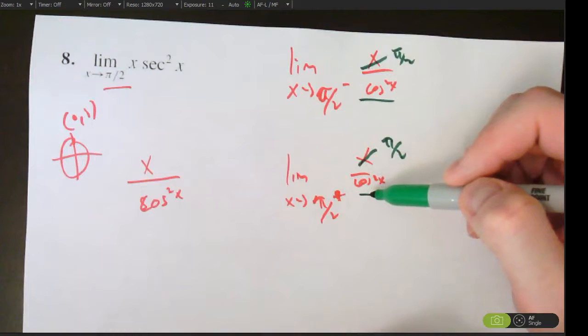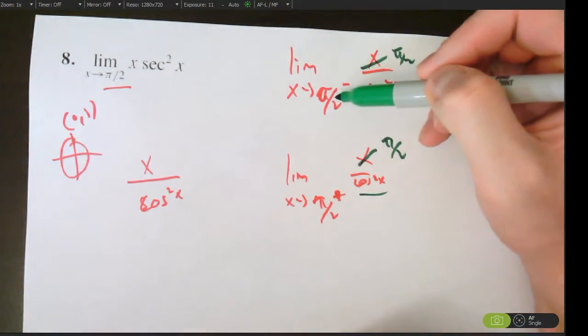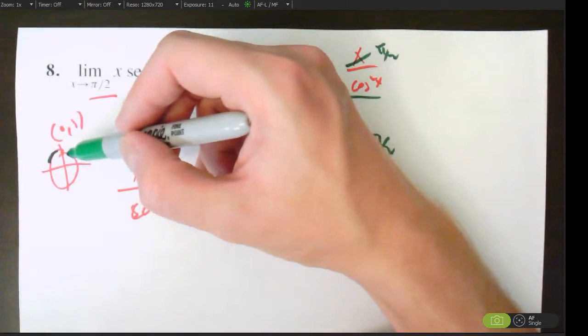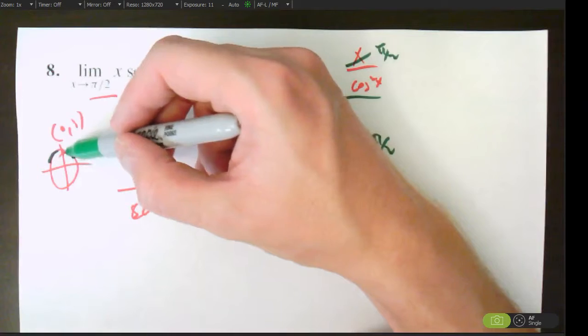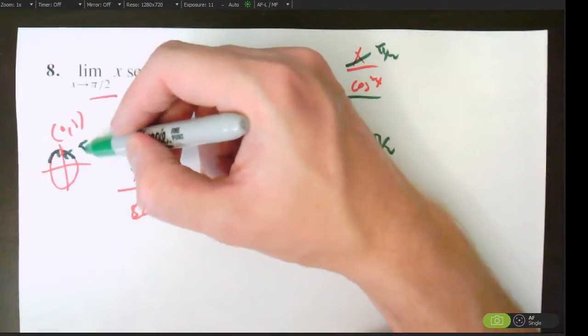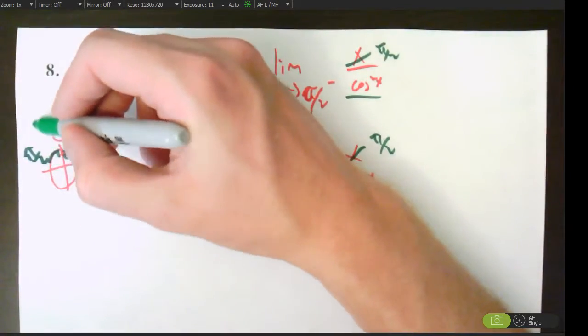Whenever I plug in a number a little to the left of pi over 2, that means over here on our circle or over here in our circle. Well, what's happening? Actually, sorry, this is the left. It's pi over 2 from the left here on this side. This is pi over 2 from the right here.